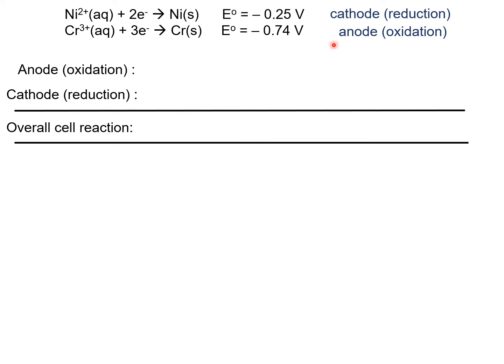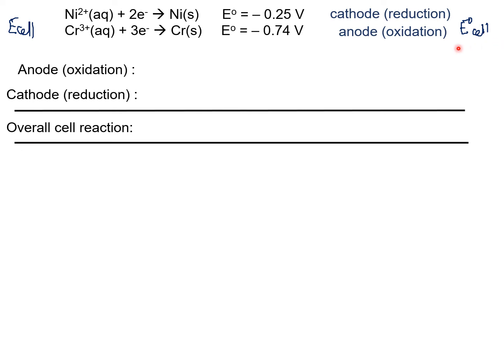Okay, so sekarang ni what you can do to find the non-standard cell potential by using the Nernst equation, you need to find the standard cell potential first. Okay, so how can you do it? First thing first, you need to build this half cell reaction of anode, cathode, and the overall cell reaction.